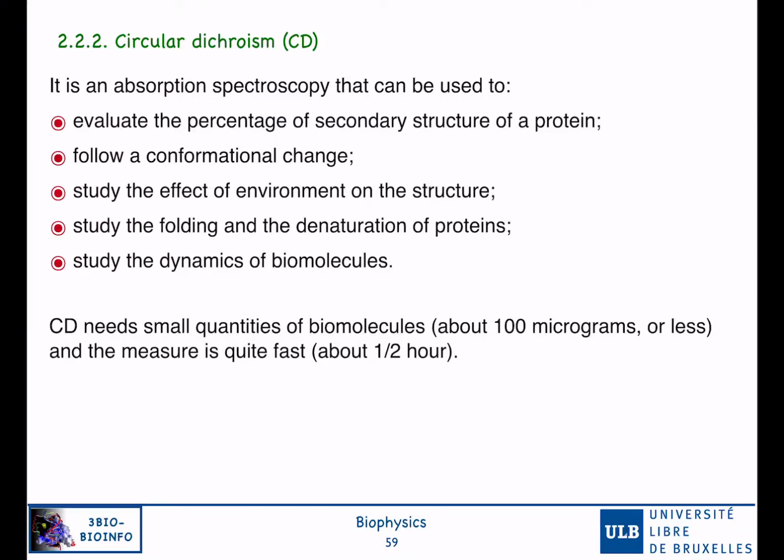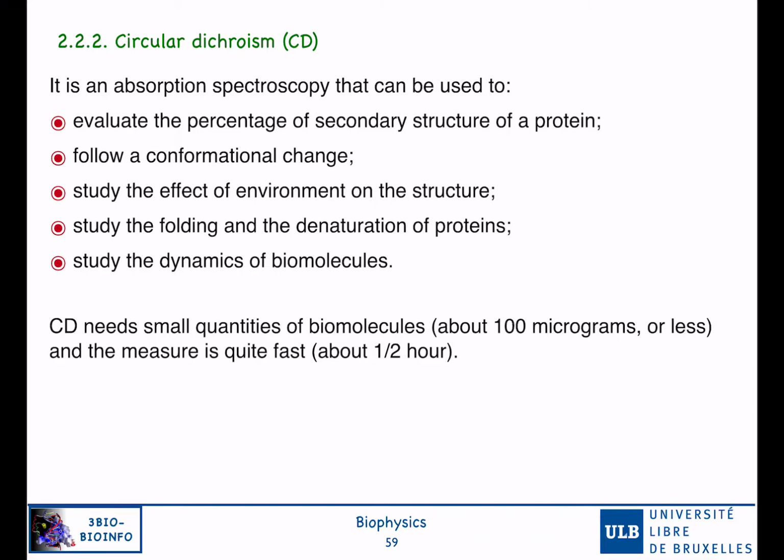A first spectroscopic method that is used to study biomolecules is circular dichroism. So, as I said, circular dichroism is a spectroscopic method, and more precisely, it's an absorption spectroscopic method.